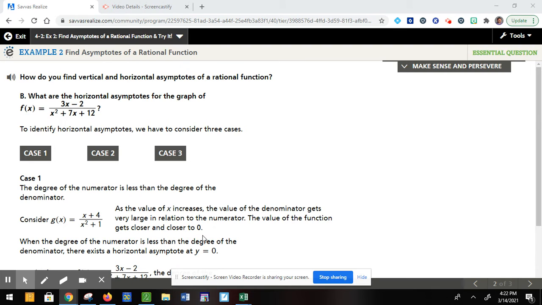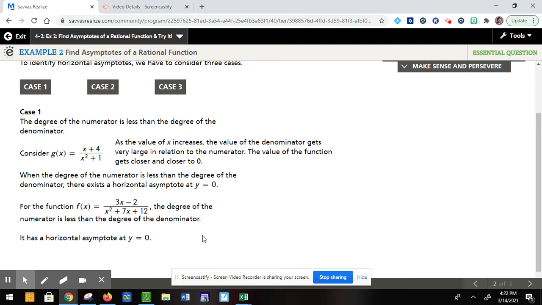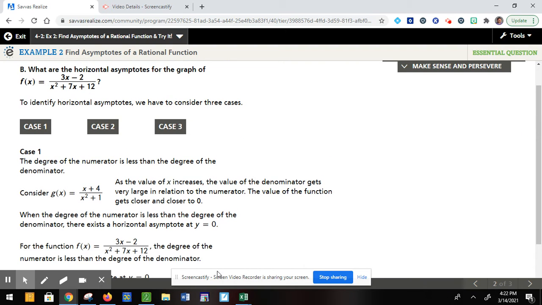When the degree of the numerator is less than the degree of the denominator, the horizontal asymptote is at y equals 0. So if the degree of the numerator, which in this case is 1, is less than the degree of the denominator, which in this case is 2, the asymptote is at y equals 0.